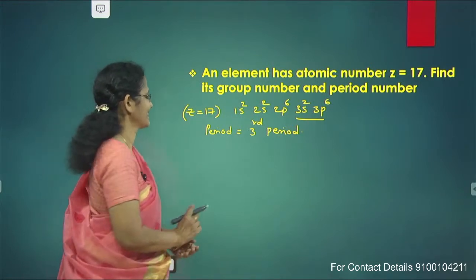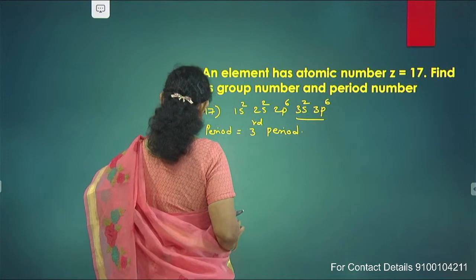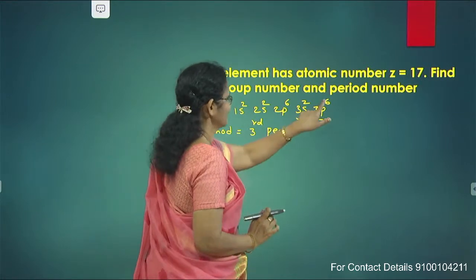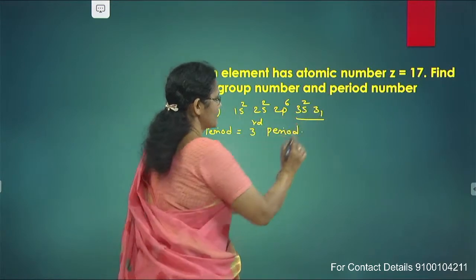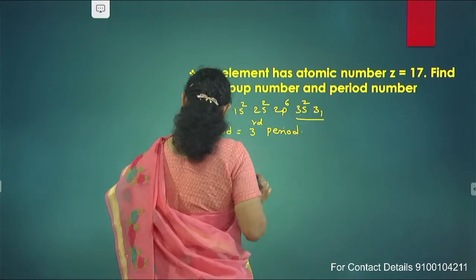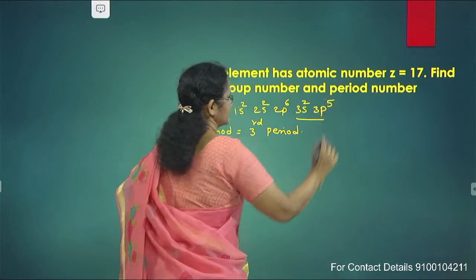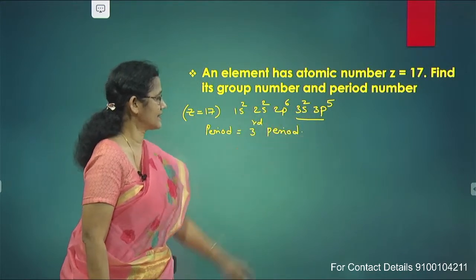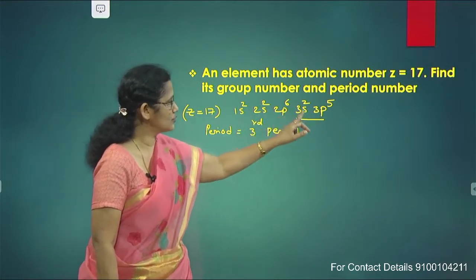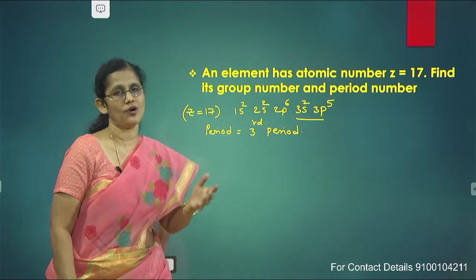Sorry, when I say 17, it is 2 plus 5 plus 10, it is 17, right. With 3s2, 3p5, it belongs to the p block.